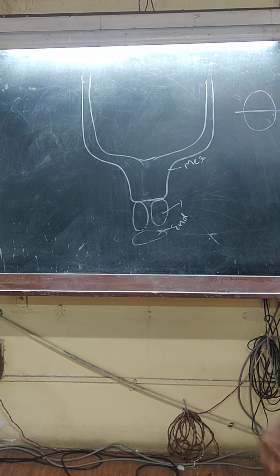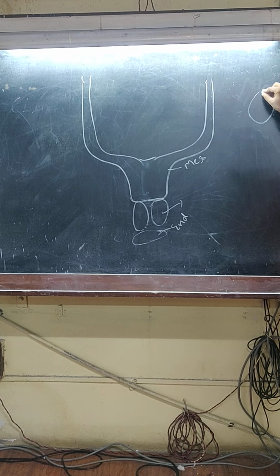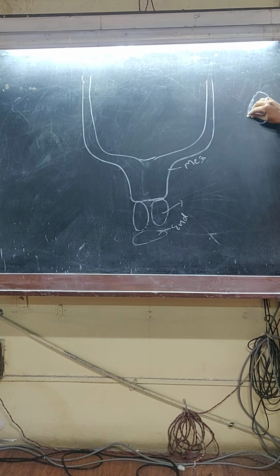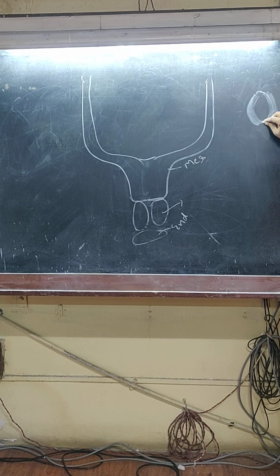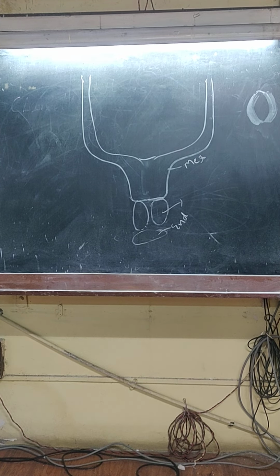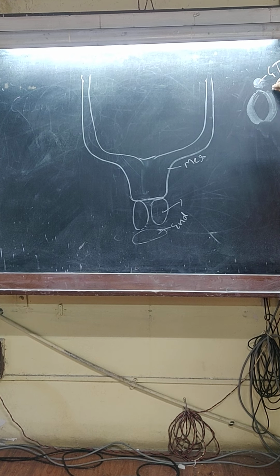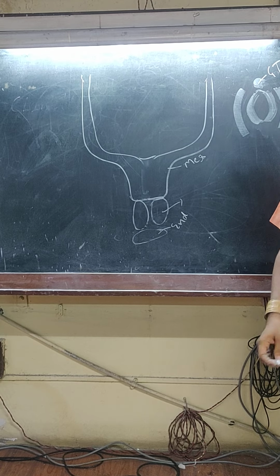This urogenital membrane is here, around which there are folds, urethral folds. Then here is the genital tubercle, urethral folds, and genital swellings.